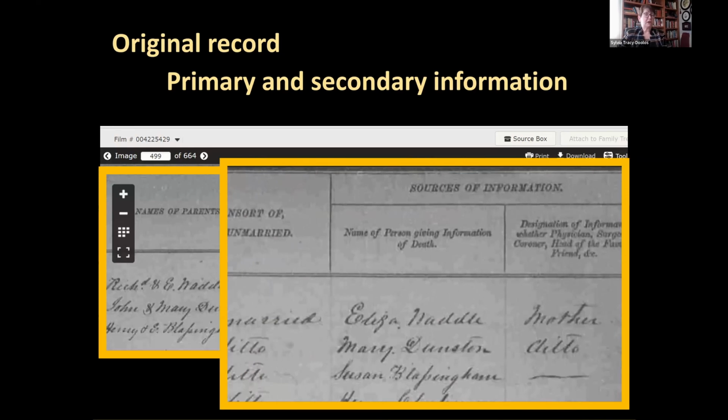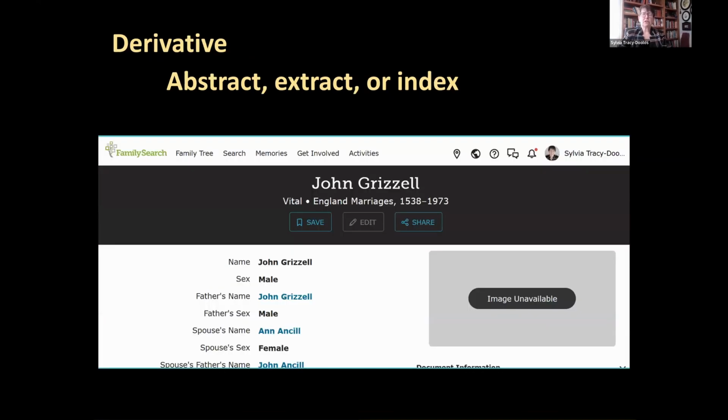And it appears that the mother is the one providing the information for her child. And this Elizabeth Waddle here is the E Waddle that is listed over here. So we know that this is good quality primary information because the mother certainly knows where and when her child was born. So looking at those types of things.